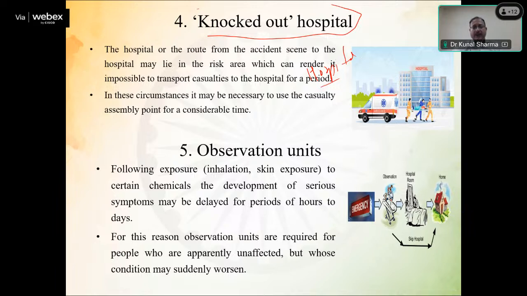But what we notice in the actual situation is that the downwind is going inside the hospital itself, and the place where I have to take rescuers or casualties for treatment is again knocked out, or it is not in a condition where it can treat people. In this circumstance, it may be necessary to use the casualty assembly point for a considered time. So this is again a big scenario for chemical testing that you have to focus upon. It is not that your hospital is victimized and you are not able to treat people over there.